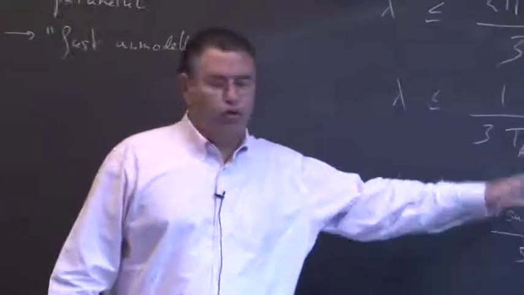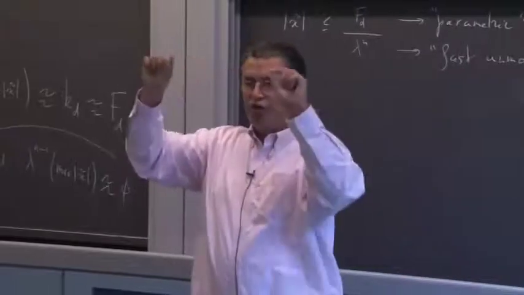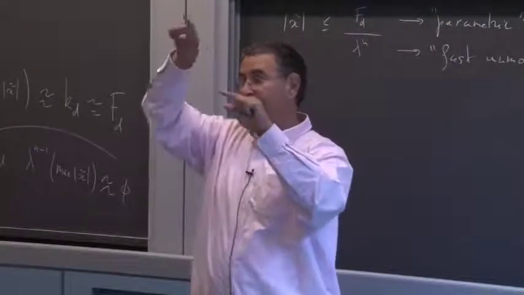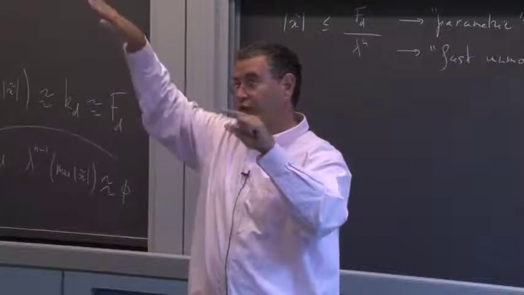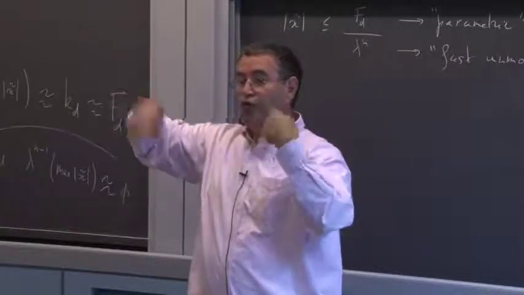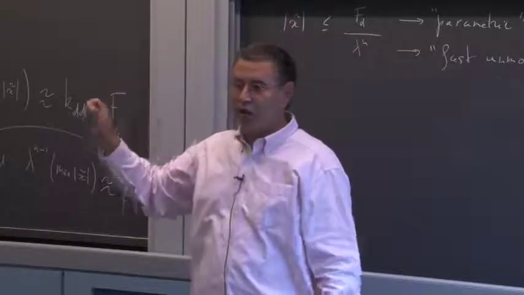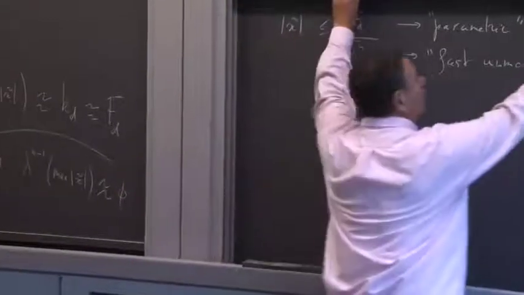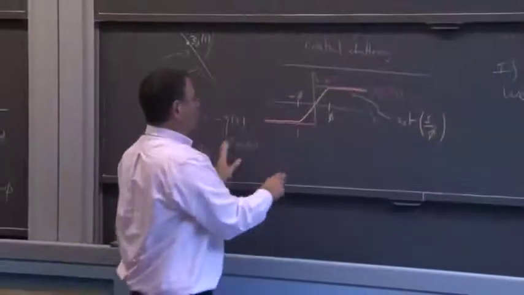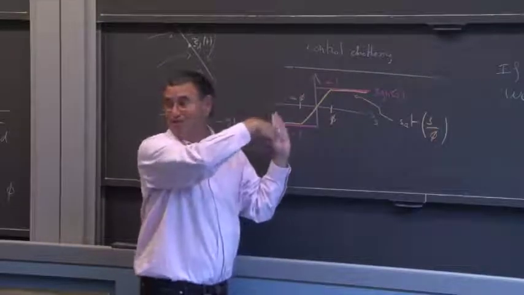If you play with this, remember we did this approximation in the boundary layer. We replaced this sine function by a smooth saturation function. For this to work in a sampled system, in other words, you take measurements only at discrete times, it means you don't want to go from here to there in one sample. Otherwise, you don't see the saturation function.